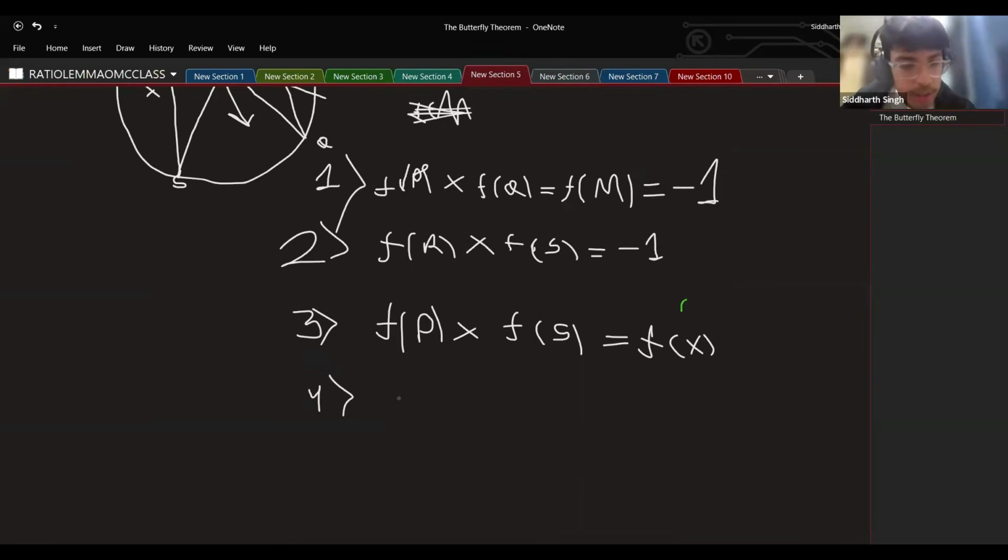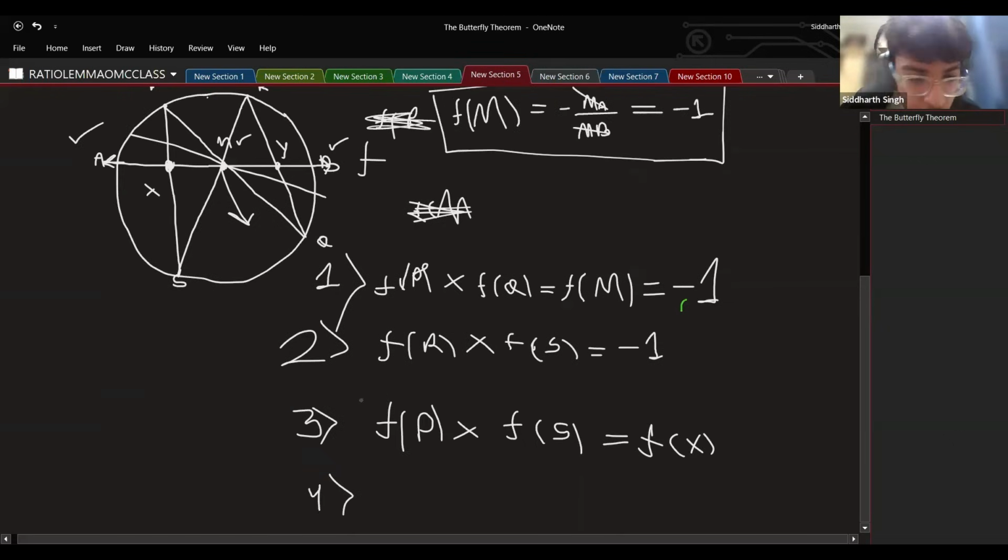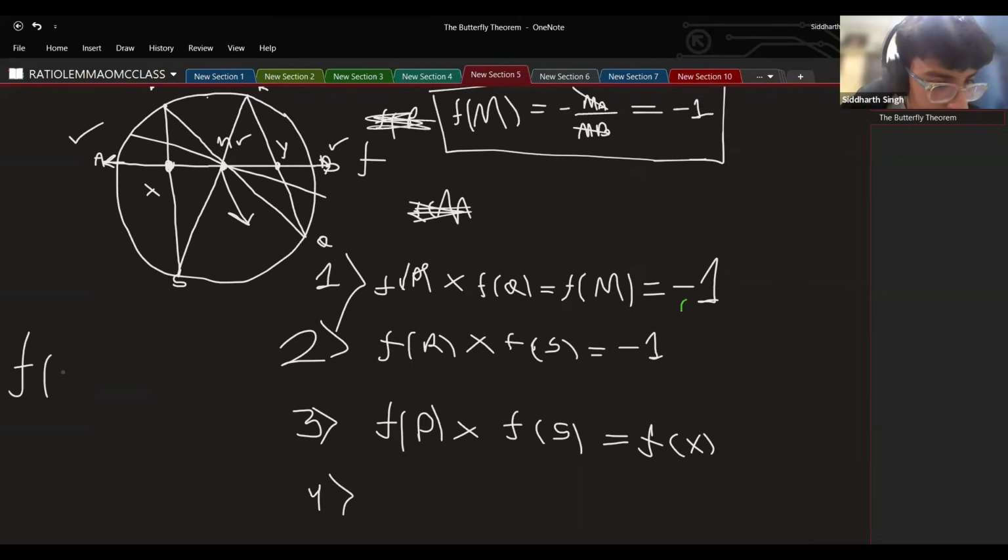Similarly, actually, I think we should just ditch writing the f now. If I write f of p, I'll just use the notation p bar. If at any point you get confused, just tell me.